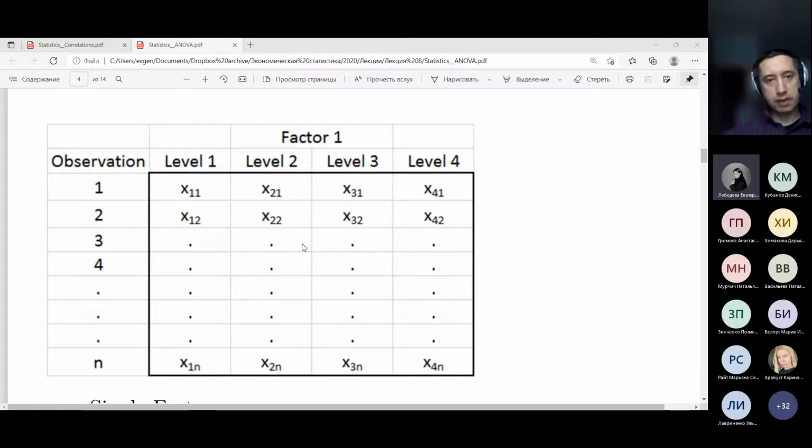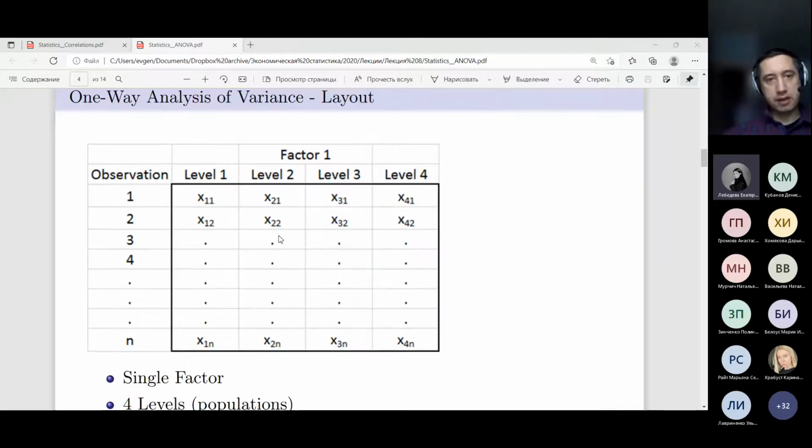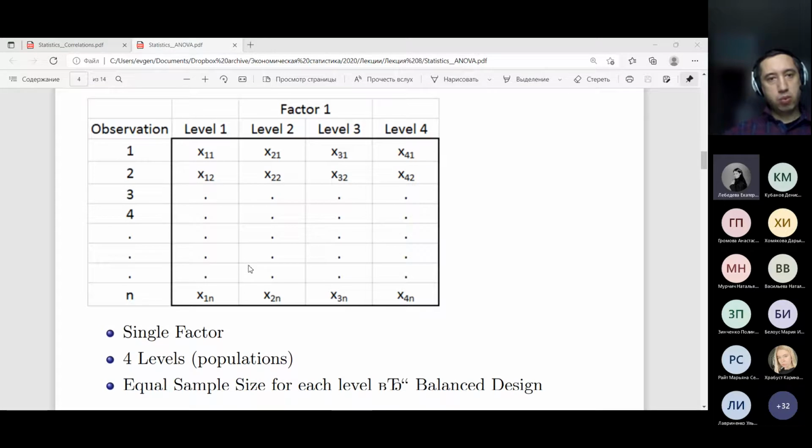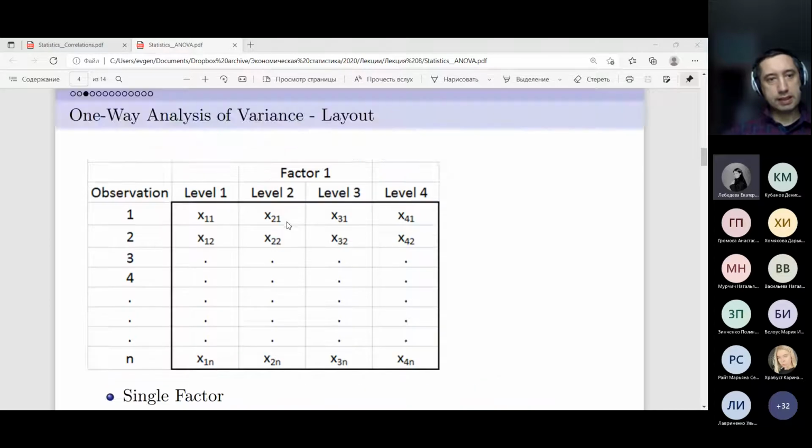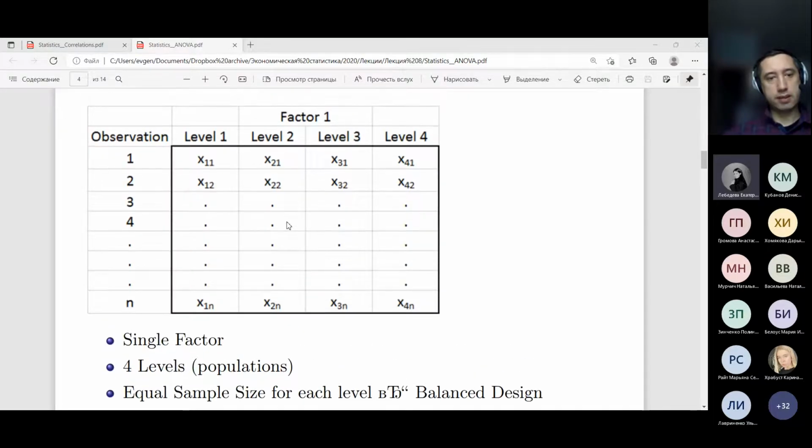In Excel we can make a table like this. In Stata there is no need to create 4 variables. Instead we have one response variable and one factor variable. Once we have one variable defining 4 levels, we say that we work with single factor ANOVA or one-way ANOVA.